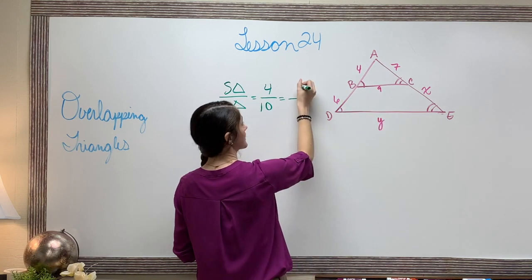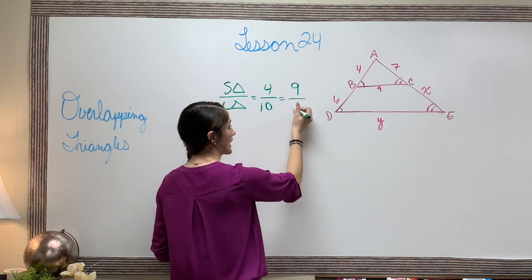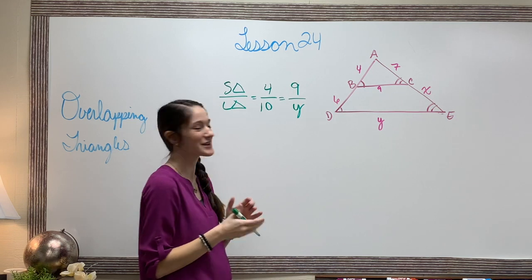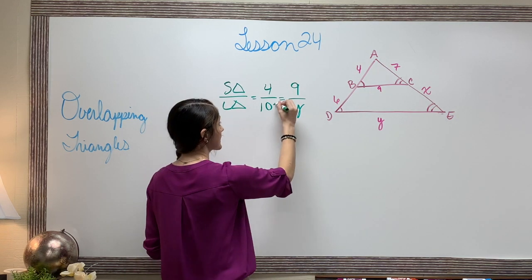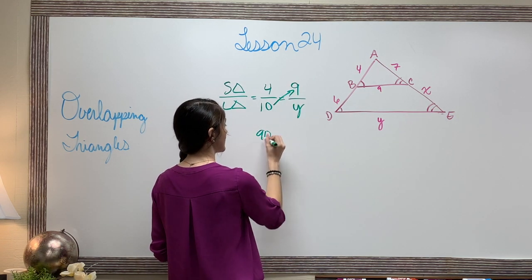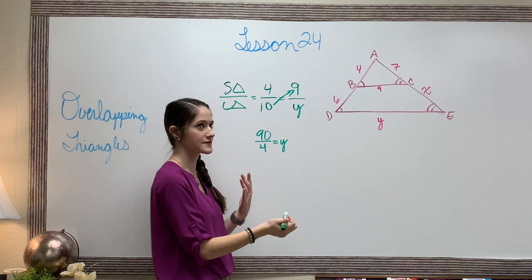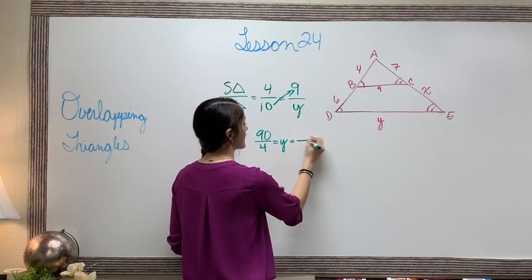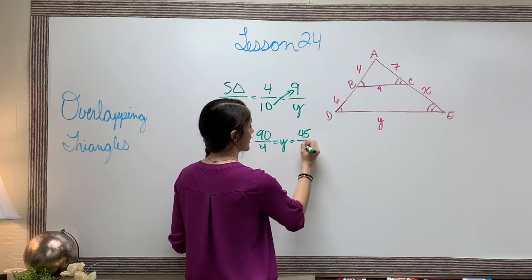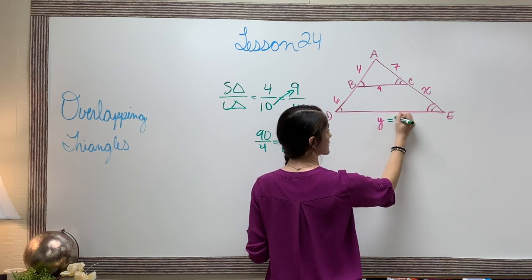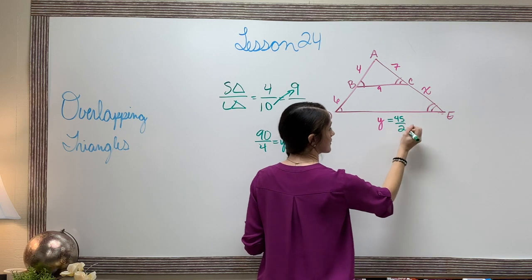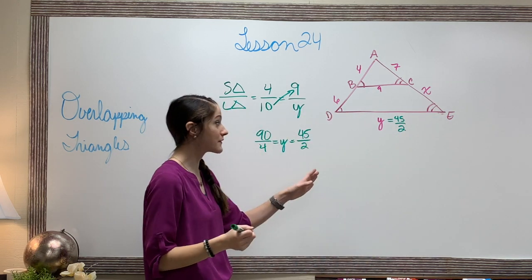The smaller triangle is a measure of 9, and the larger one is a measure of y. So now I can cross multiply, and I get 90 over 4 equals y. We need to reduce that. 90 divided by 2 is 45. So 45 over 2 is our missing measure. All right, so now we found y.